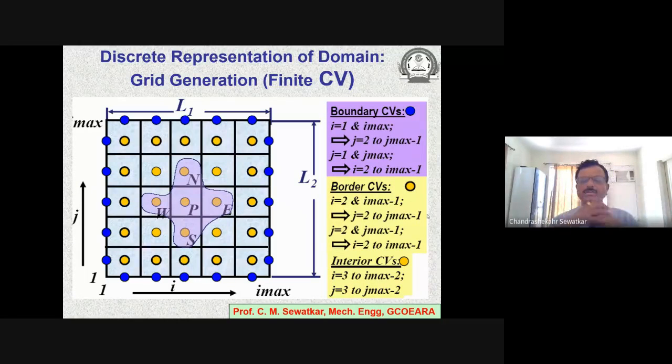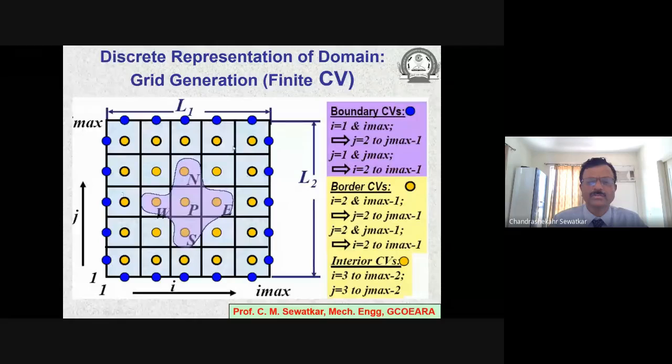So the grid generation is again the same. I am reiterating it again so that the fundamentals about grid generation are fortified, strengthened. What we do, we draw some horizontal lines, vertical lines, and divide the entire domain into small control volumes, which are represented in terms of cell centers.